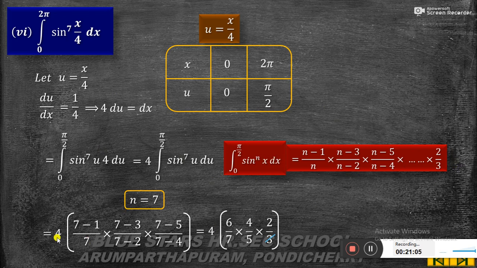So you substitute 4 into 7 minus 1 by 7, 7 minus 3 by 7 minus 2, 7 minus 5 by 7 minus 4. After that 7 minus 7 means 0, so before the 0 you stop. So 4 into 7 minus 1 means 6 by 7, into 7 minus 3 means 4 by 5, into 7 minus 5 means 2 by 3. So we just cancel this.